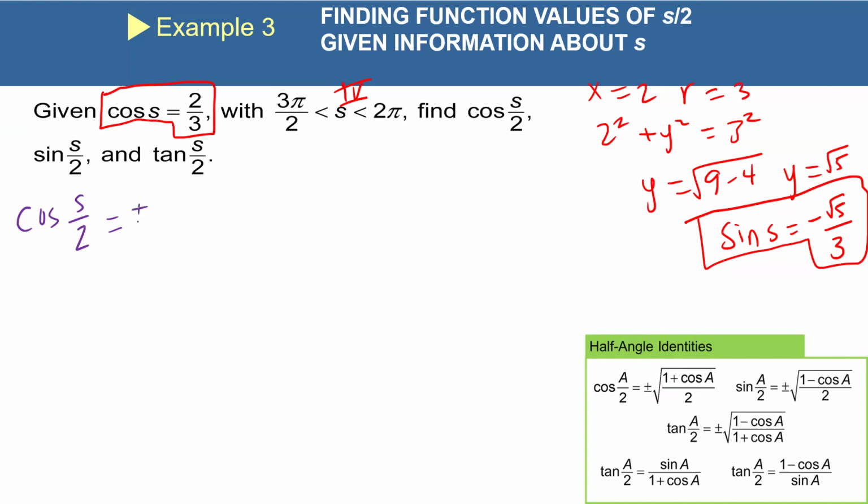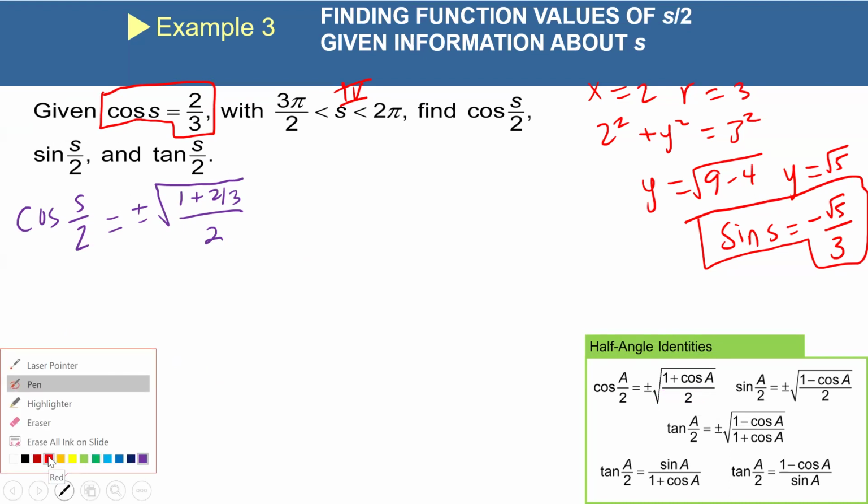So we have plus or minus square root of 1 plus, and what is the cosine of S? 2 over 3 divided by 2. And we'll clean it up in a minute. Just want to make sure we can set it up.